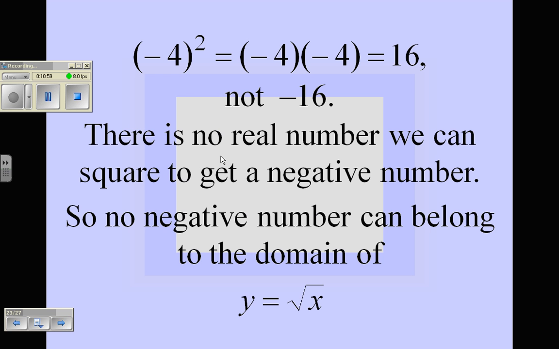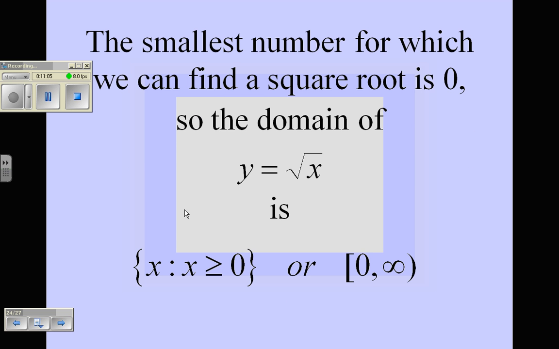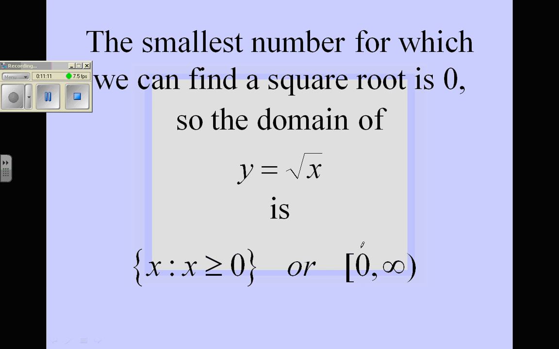So, since no negative number can belong to the domain of y equals the square root of x, you write this two different ways. x must be greater than or equal to 0. That's the algebraic notation. Or, thinking about it on a number line, we're saying 0. Now x can be 0 because the square root of 0 is simply 0.